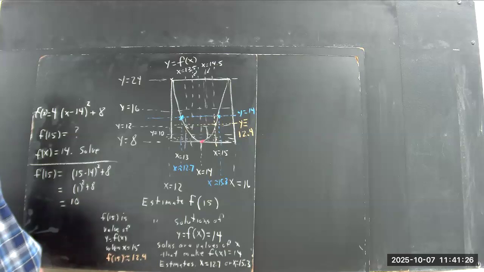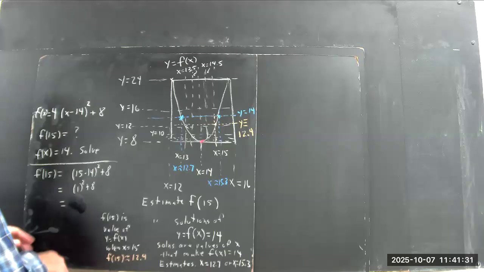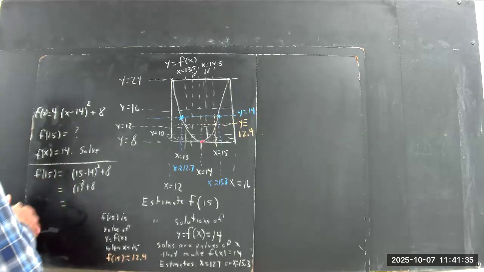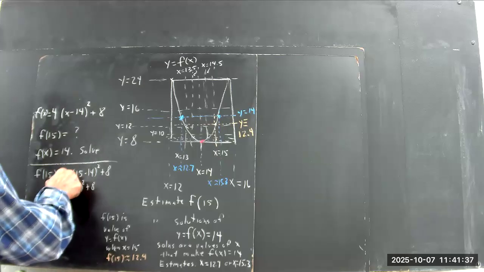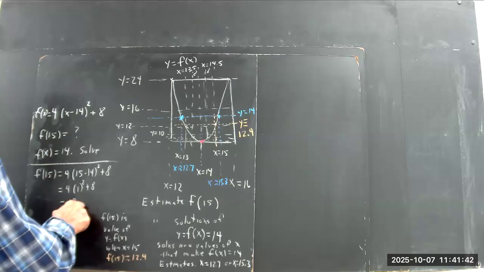Okay, well, that doesn't make much difference. Everything I said is true. The estimates are okay. Now that I'm trying to use that formula, I find that formula is wrong. It should be 4 times this, which is 4 times 1 squared plus 8, which is 12.